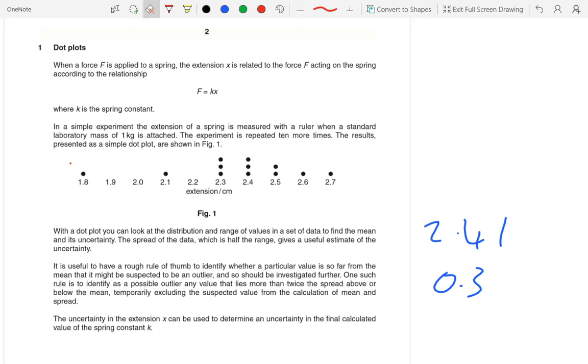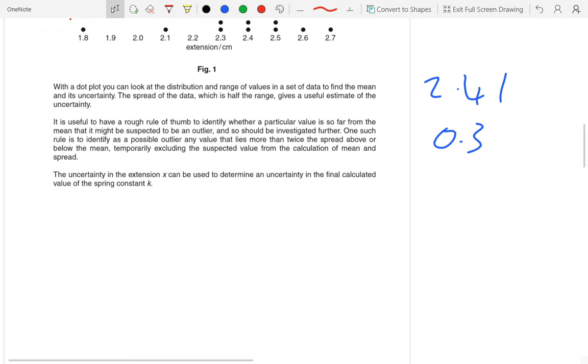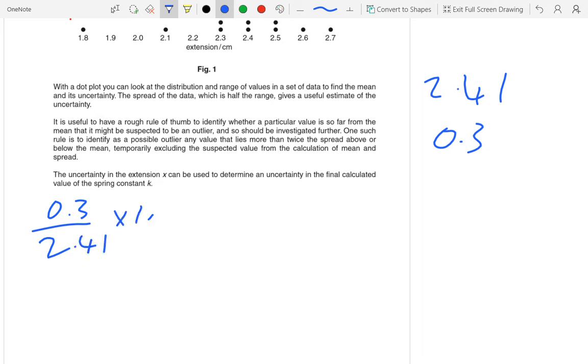Now last bit, it says about the uncertainty on the extension x can be used to determine an uncertainty in the final calculated value of the spring constant k. So our uncertainty on x, if you take it as a percentage uncertainty, 0.3 over 2.41 times 100, and that gives us 12% uncertainty on x.